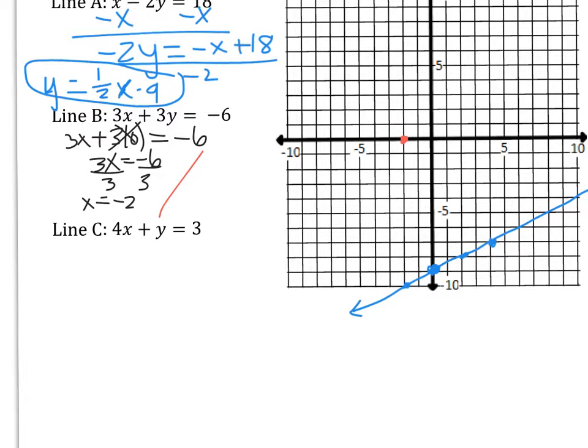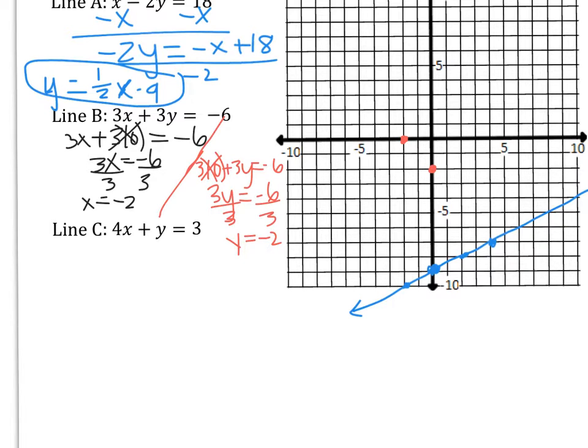Now I'll solve for the y-intercept. So I'll say 3 times 0 plus 3y equals negative 6. 0 times anything is 0. So 3y equals negative 6. And here I get y equals negative 2. So I end up getting the same value, but now when I graph that, that's on the y-axis.